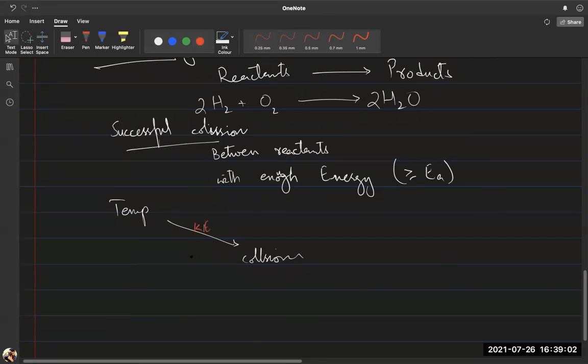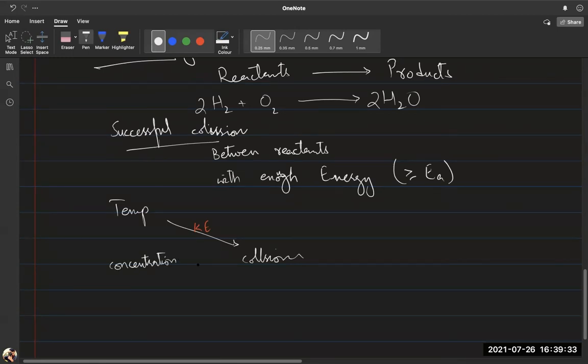When they have high kinetic energy, they collide more, and when they collide more, they have more successful collisions. And when there are more successful collisions, the rate is high. So we just want more successful collisions, and for that, temperature will give the particles more kinetic energy. The second important aspect here is the concentration.